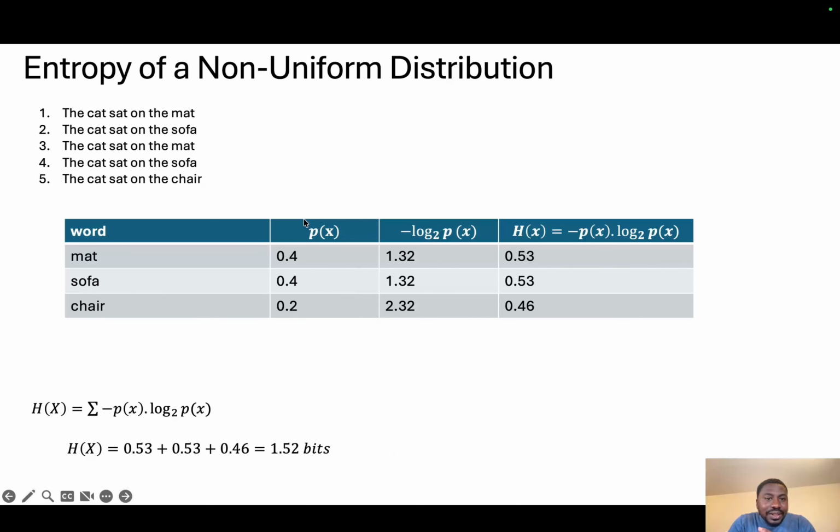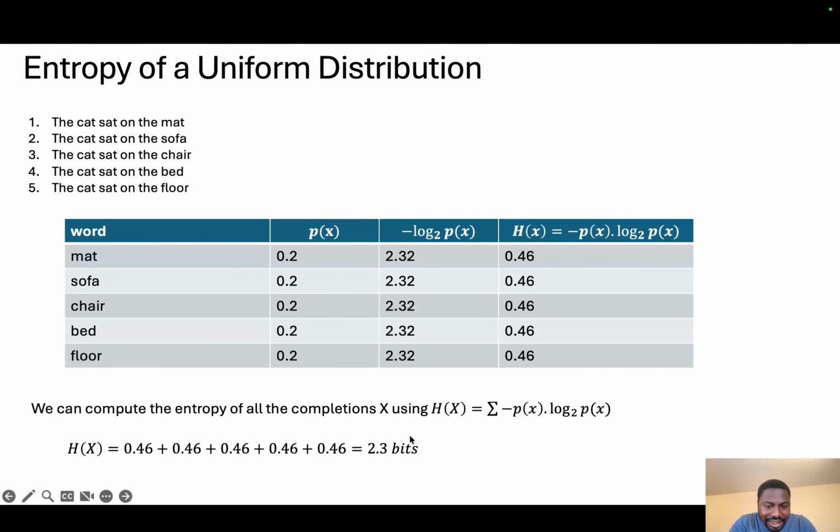And if you think about a non-uniform distribution, where matter costs twice, so far costs twice, if you do the same thing, you start to see one interesting trend. The total entropy is just 1.52 bits, which is less than the entropy of this one.